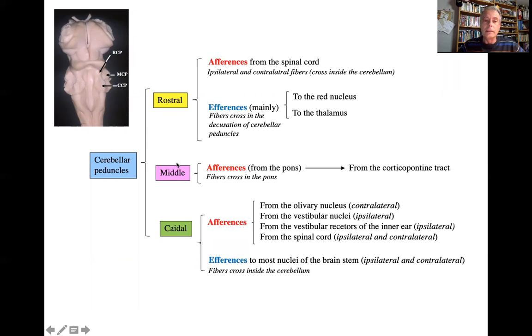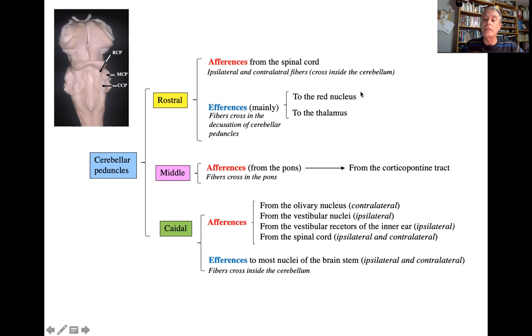The middle cerebellar peduncle is made just by afferences, fibers that enter from the pons to the cerebellum. They form what is known as the cortico-pontine tract, needed for correct movements, right?